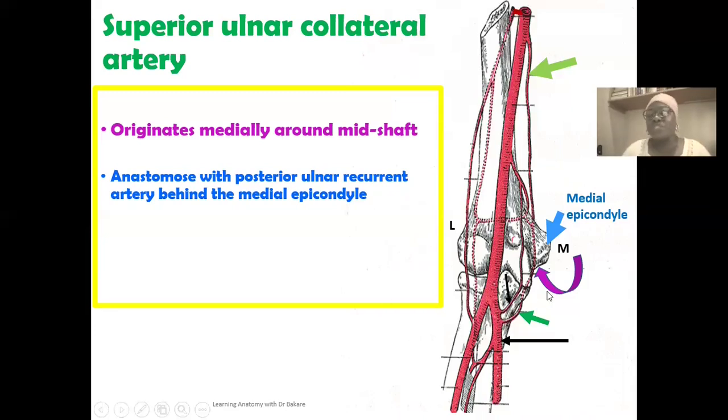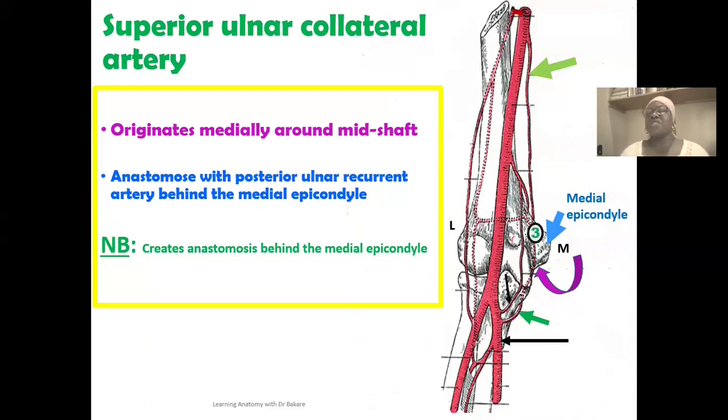And also the posterior ulnar recurrent artery that emerges from the ulnar artery is also seen to be directed behind the medial epicondyle. So it is at the posterior region of the medial epicondyle that this network is created. So we have the creation of the anastomosis around the posterior region of the medial epicondyle. And this is the third anastomosis that is created.